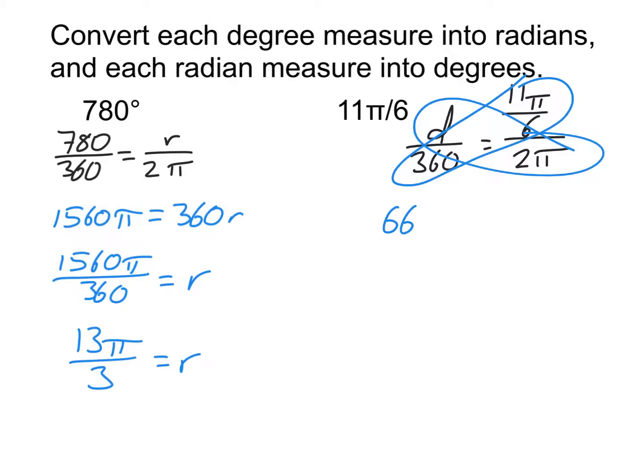So it's going to be 660 pi. I'm sorry, I forgot a 0 there. 660 pi equals 2 pi d. And then we divide both sides by 2 pi. 660 divided by 2 gives me 330. Pi's cancel out. So d equals 330 degrees.